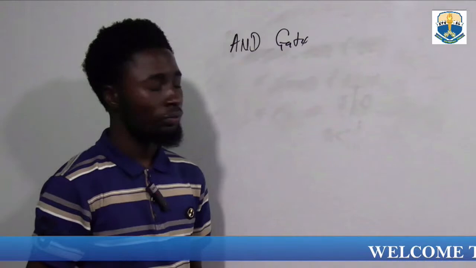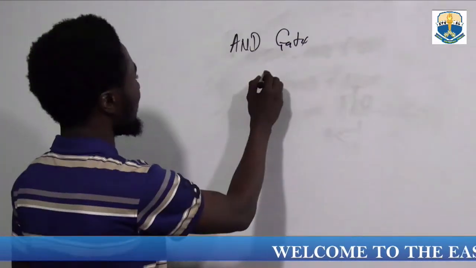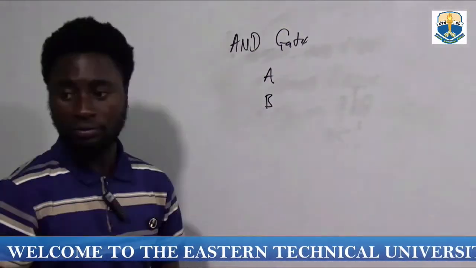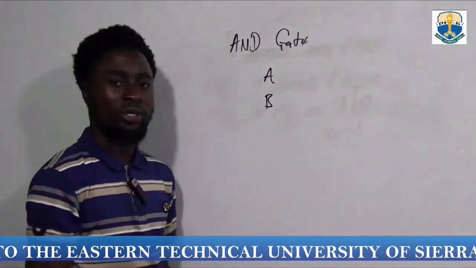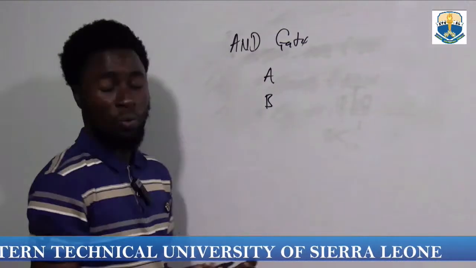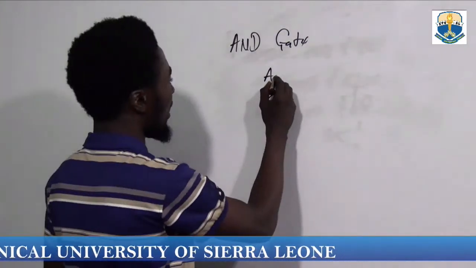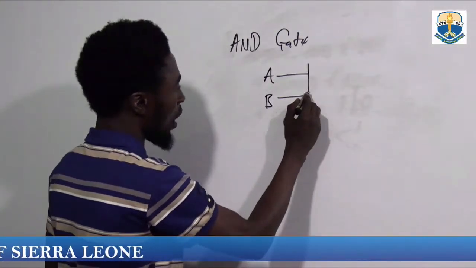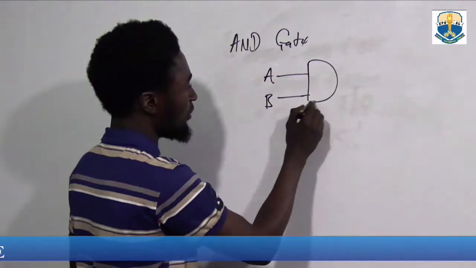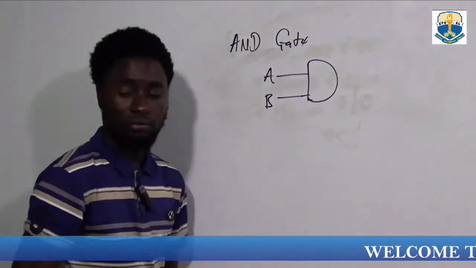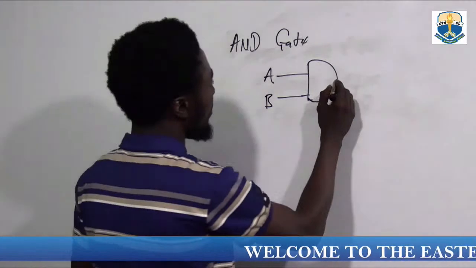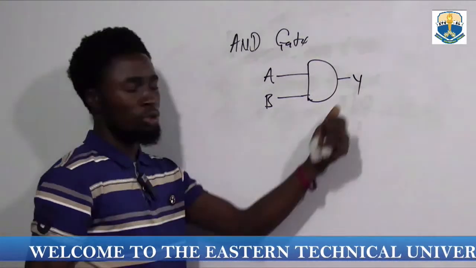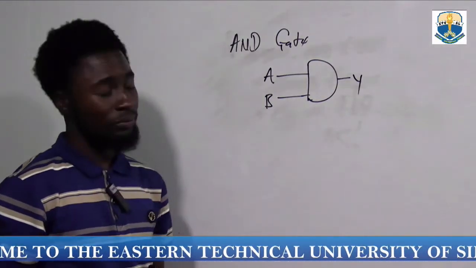Input 1 is A, and the second input will be B. Having these 2 inputs, now we are going to draw our gate. Our output is Y.